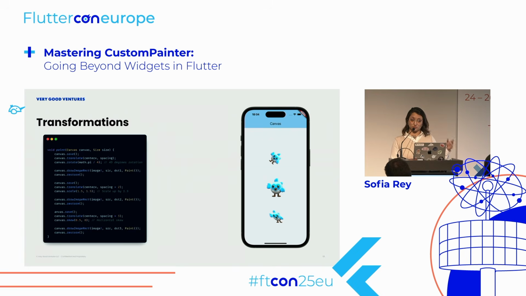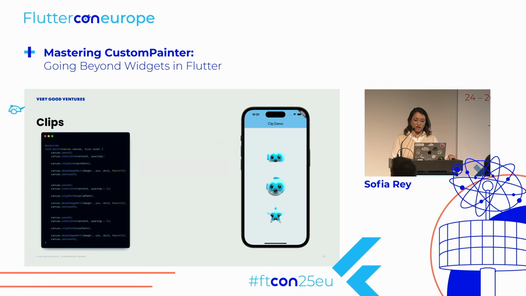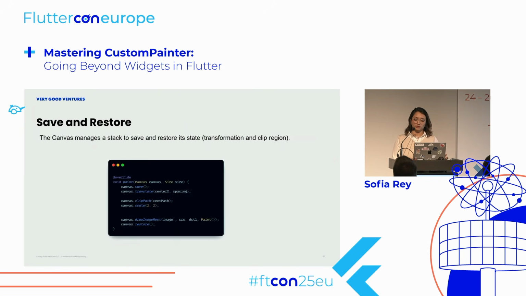We can also apply transformations, so rotate, scale, skew, translate. And we can apply clips. So we define a path that will clip the content that comes below it. And you may notice in these last two slides, we have to use a lot of save and restore, because when we apply transformations and clips, we are applying it to the whole canvas.